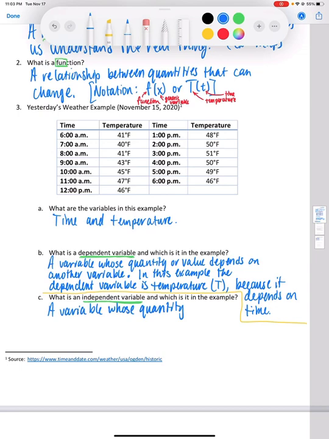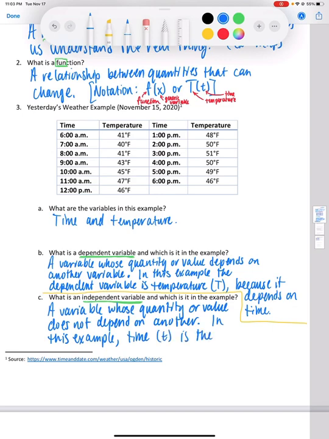In this example, time is the independent variable.